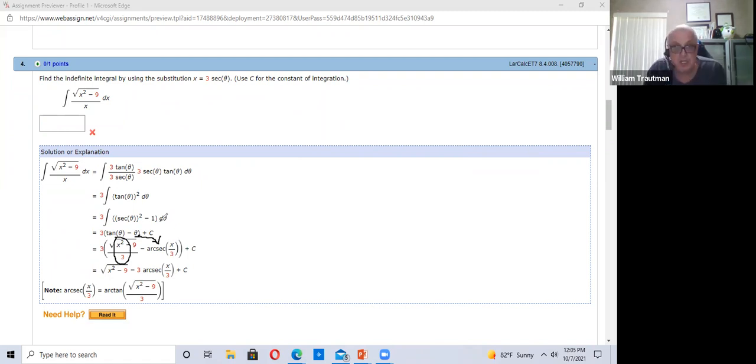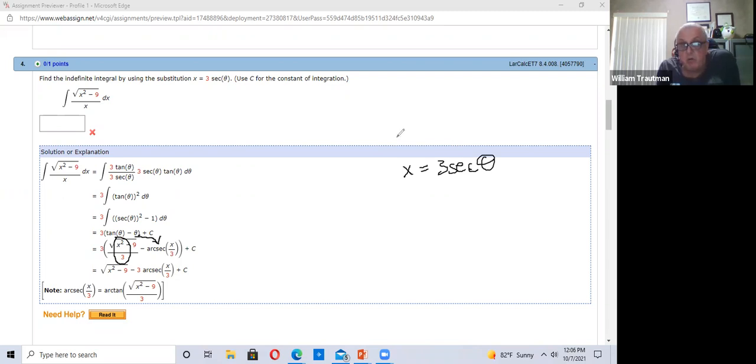And it took me a minute or two. I don't even think I did it here. Oh, now I wish I would have. What was one of the original things we wrote down? One of the original things we wrote down was x equals 3 secant theta. So you have to look at one of the original things you wrote down.